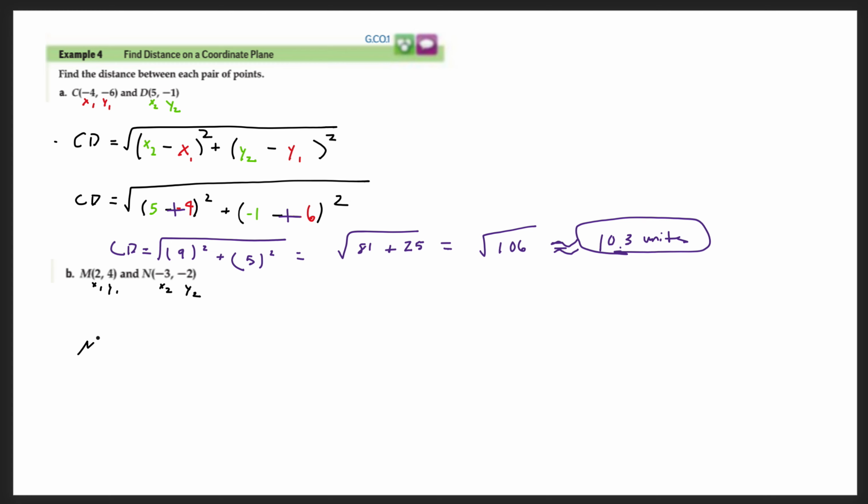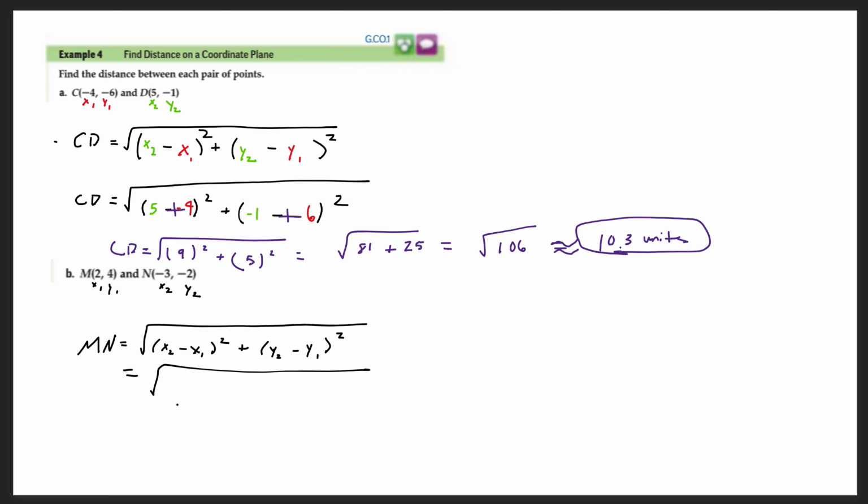MN equals the square root of x2 minus x1 squared plus y2 minus y1 squared. So I'm just going to plug it in.